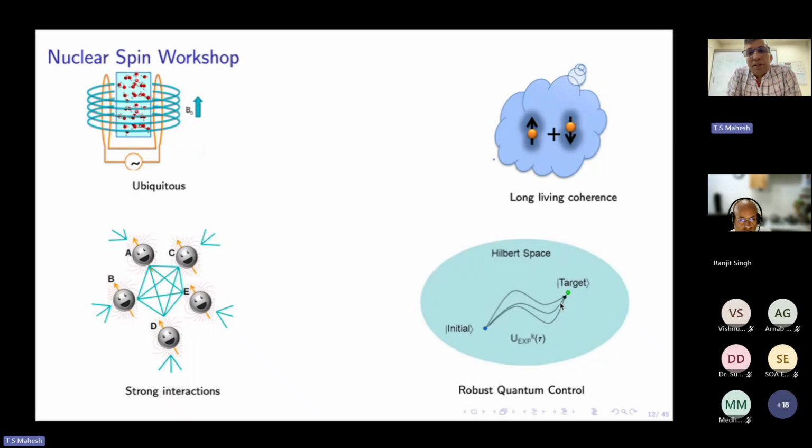For example, there is something called dynamical decoupling, where you suppress the interactions with the environment and keep interactions within the spin system. And there is something called decoherence free subspace, which means you always work within that subspace which is less prone to decoherence. And there are error correction methods, and so on. Okay, thank you.